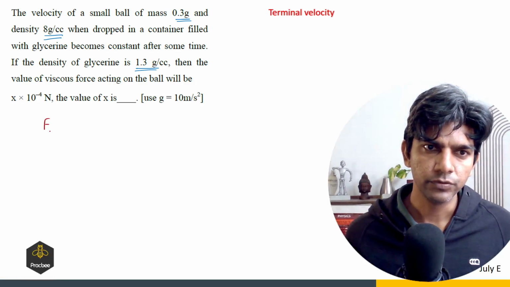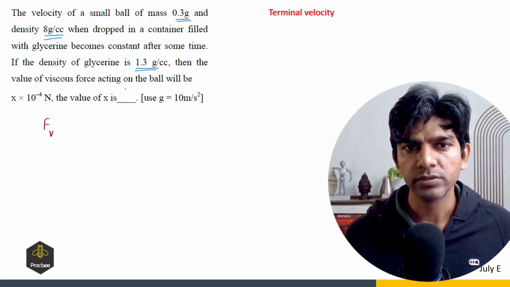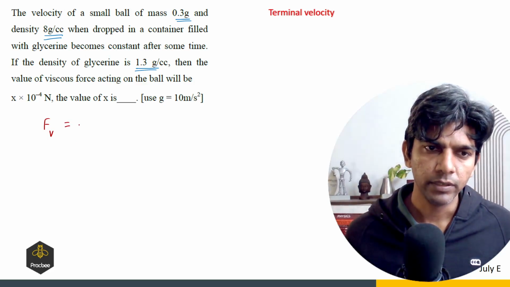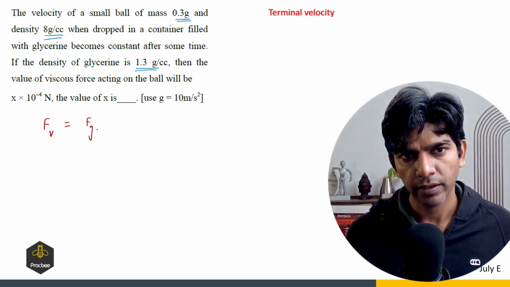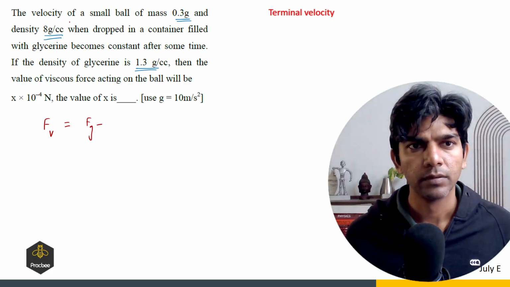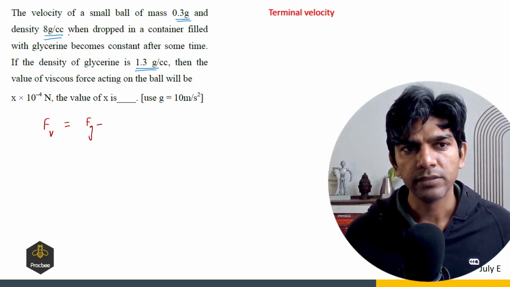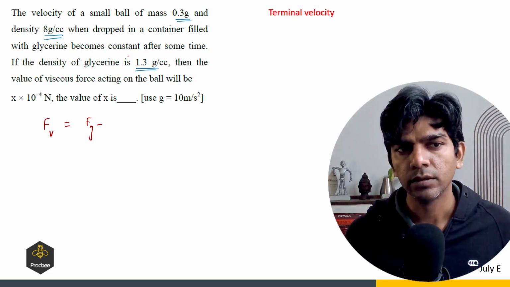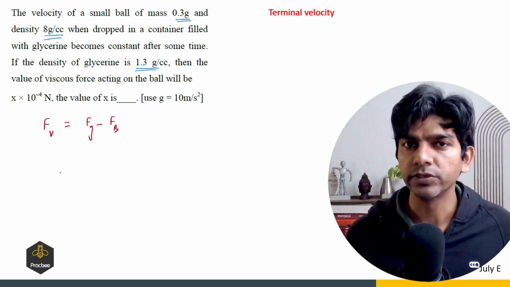So the viscous force, when the ball starts moving with constant velocity, will be equal to Fg minus Fb. The density of the ball is 8 gram per cc and it is falling in a less dense fluid, right? So Fg minus Fb will be the viscous force.